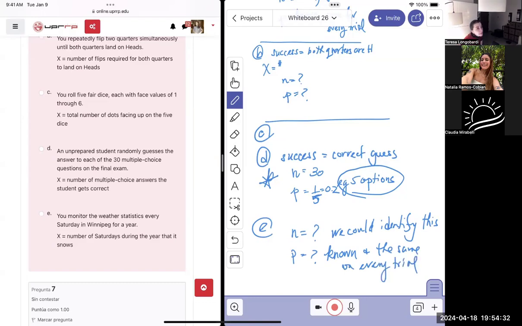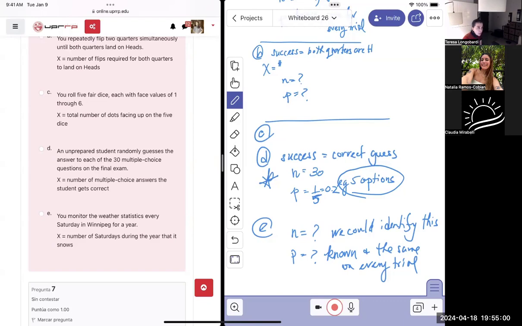If we're going to look at Saturdays every year in Winnipeg, Winnipeg is in Canada. It's my hometown. It's freezing cold there in the winter. And I'm going to look for snow. Is the chance of snow going to be the same on January Saturdays? And what about the February Saturdays?